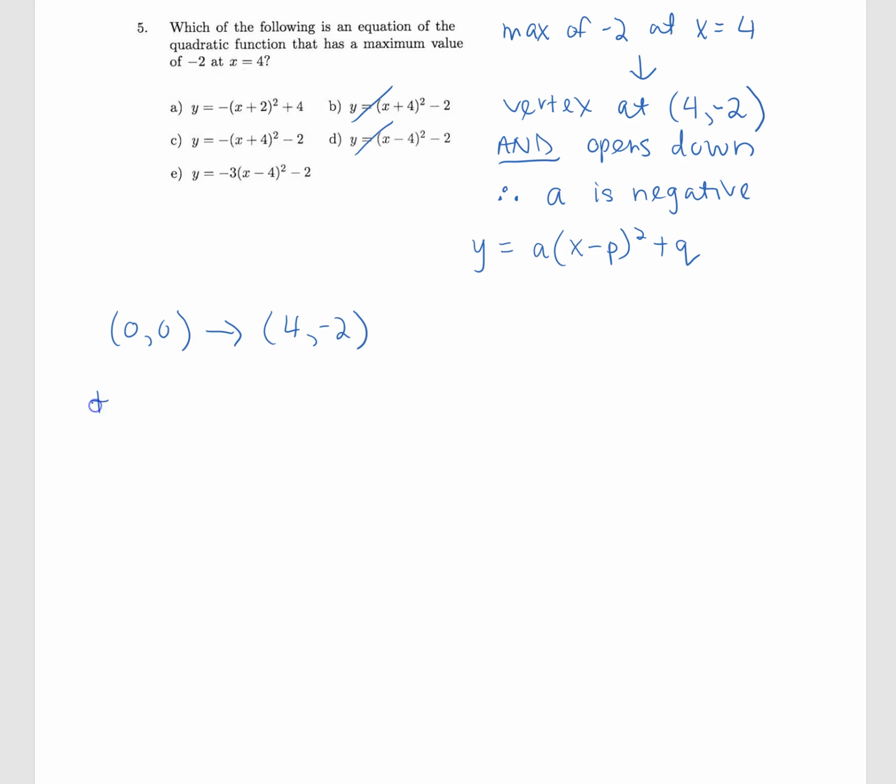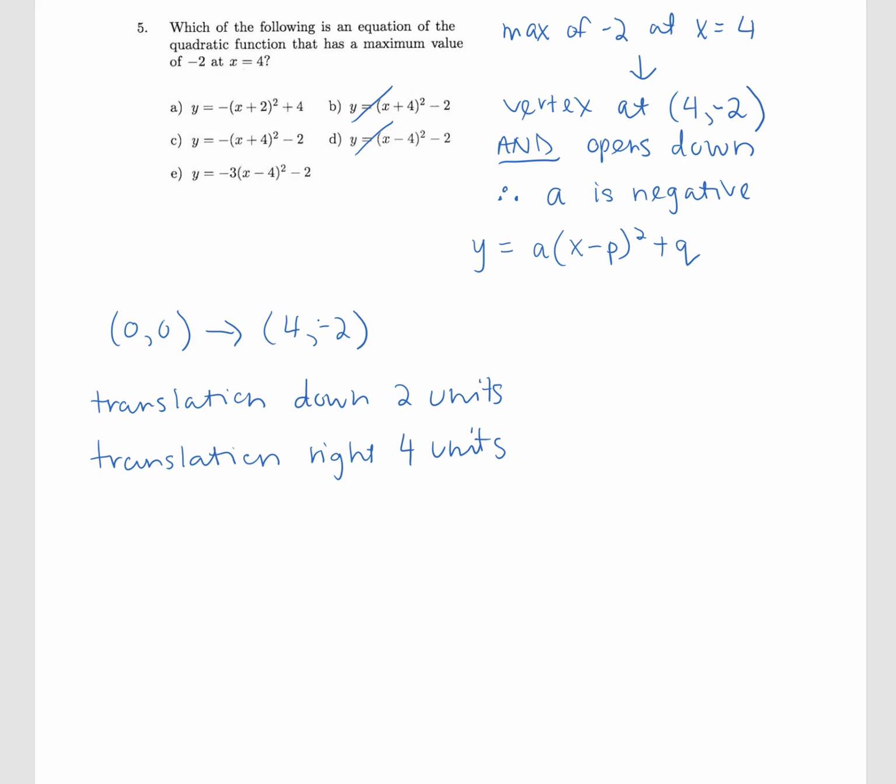So we've done a translation down by 2 units, and we've also done a translation to the right by 4 units because we've shifted over to this point.